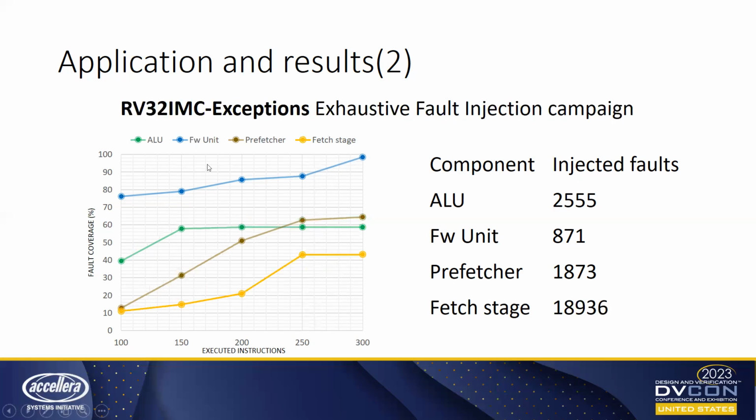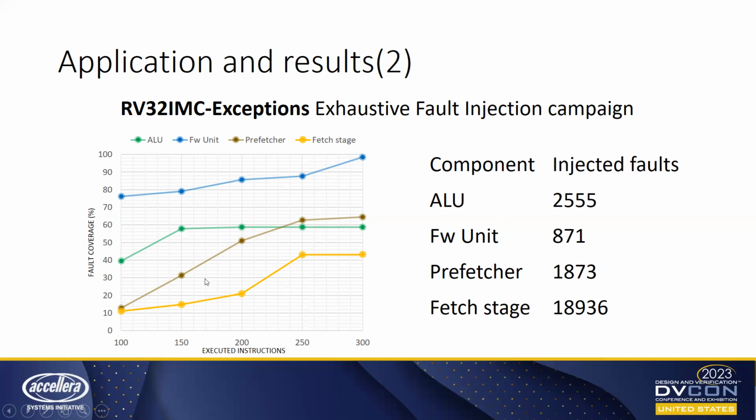Then what we did is that we also added support for exceptions, so RV32 IMC X. Then, since the exception unit is added to the fetch stage, the amount of faults to inject would be quite higher. Similarly, we got very similar results as before, only with a slight increase for almost every component.